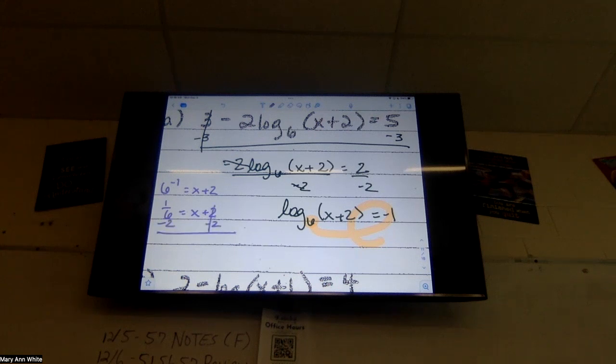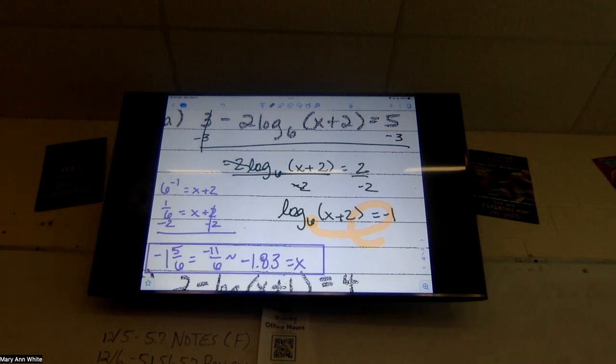So 1/6 minus 2 is gonna be -1 5/6. It's also the same thing as -11/6. And if I was to put that in the calculator, I believe it's -1.83. All of those numbers are acceptable for x.